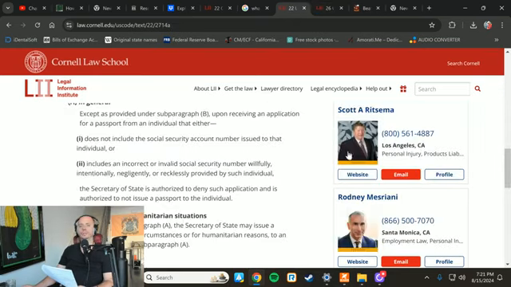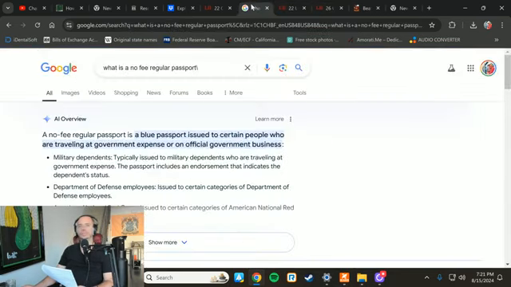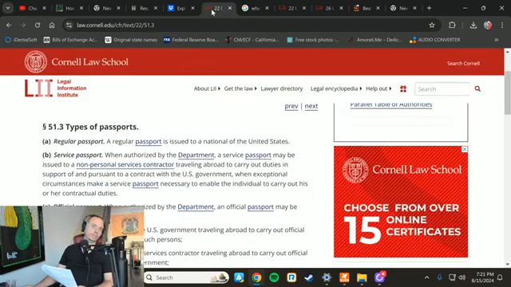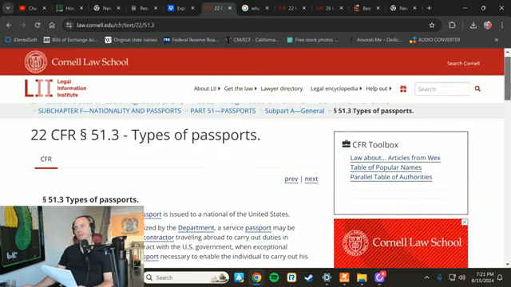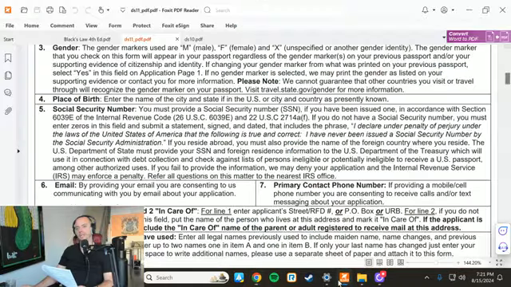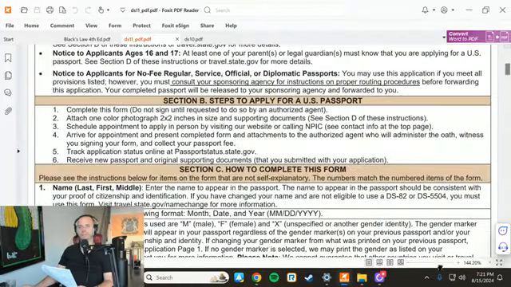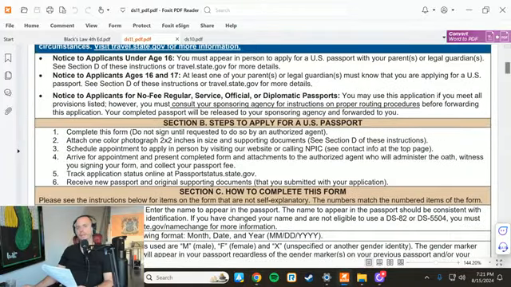If we go on to, let's see here, types of passports. You'll see here on the DS11 form, they're talking about notice to applicants for no fee regular service official or diplomatic passports. You may use this application if you meet all provisions listed. However, you must consult your sponsoring agency for instructions on proper routing procedures before forwarding this application. Your completed passport will be released to your sponsoring agency.